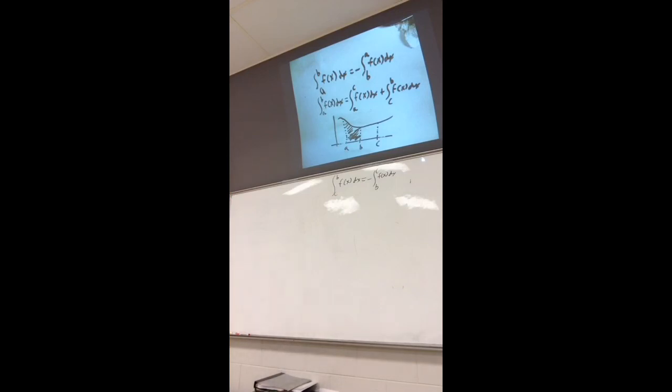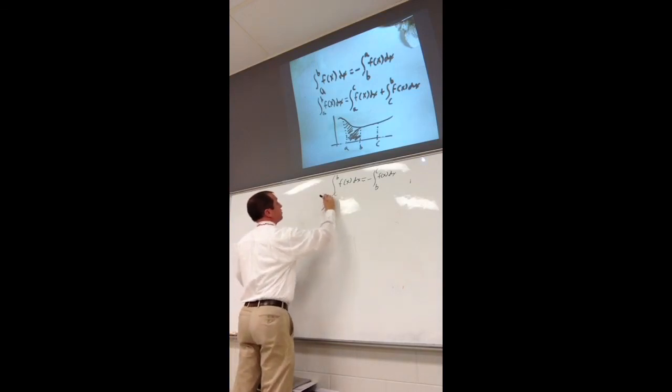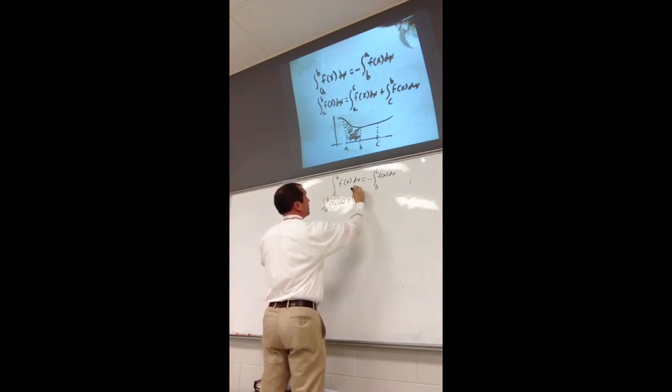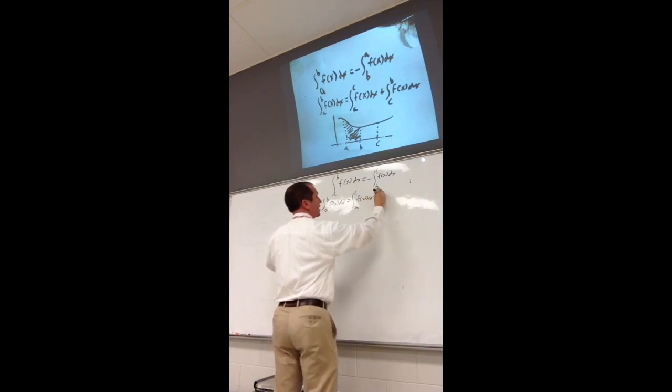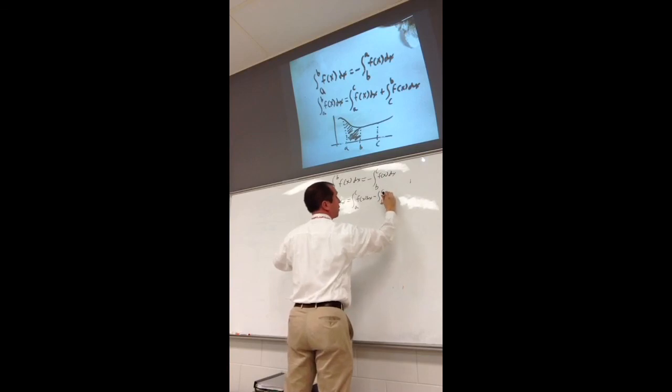So now what am I saying when I rewrite it like that? I'm saying that my area from A to B of f of x dx would equal the area of A to C of f of x dx minus this little portion right here, which is what we said earlier, right?